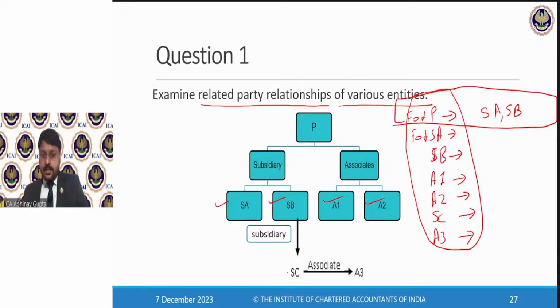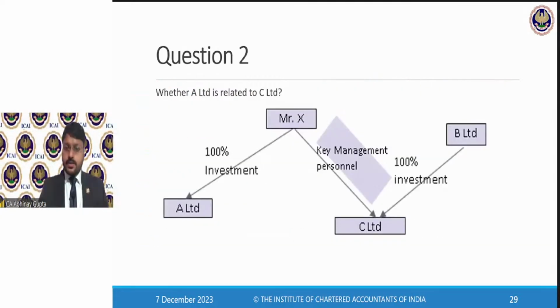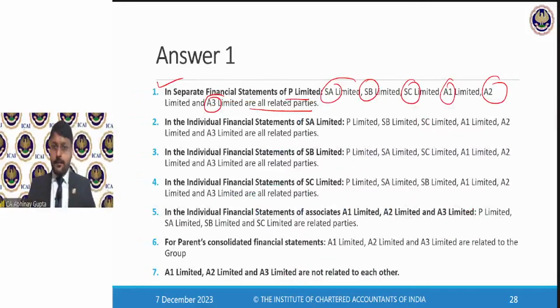No doubt about that. And SC Limited will also be related, right? Because it is a subsidiary, and A3 Limited will also be related because it is an associate of the subsidiary, right? So all are related parties, correct? For P Limited, every entity is a related party.